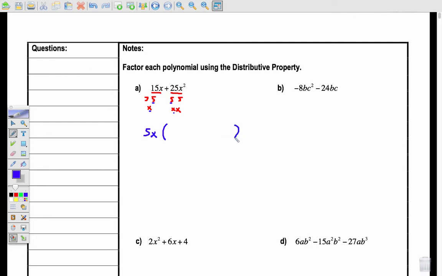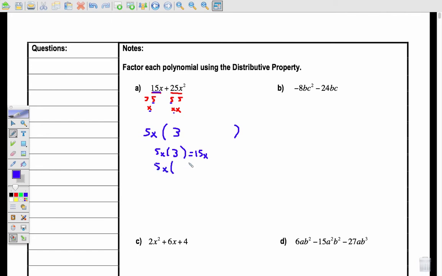Okay, then we have our parentheses. 5x times something. I'll write this out. 5x times something is going to equal our 15x. 5x times something equals 15x. 5x times 3. So 3 is the first term.